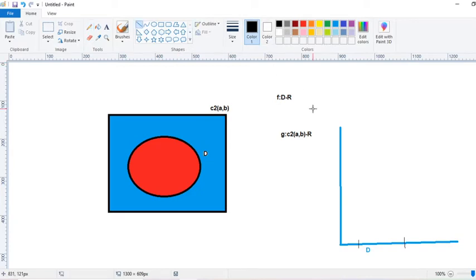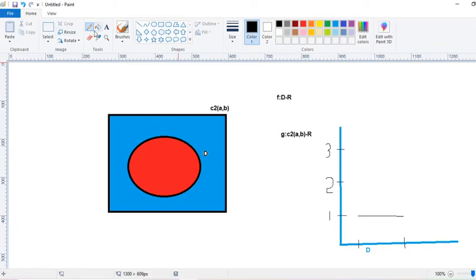So what is the characteristic function? Let us define 1, 2, 3 on the axis. Over region D the characteristic function value is 1.